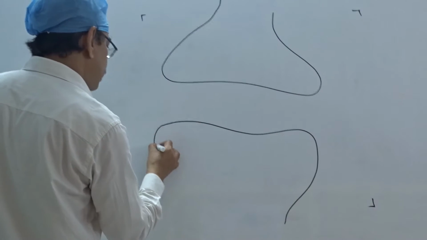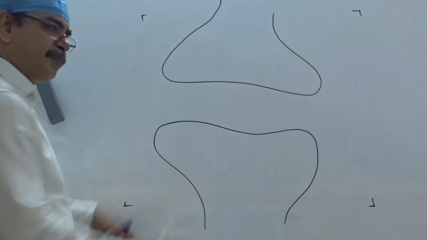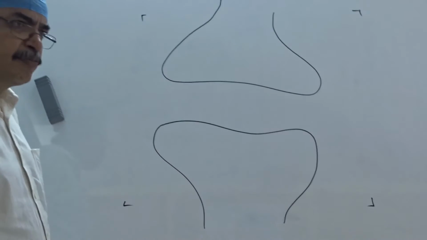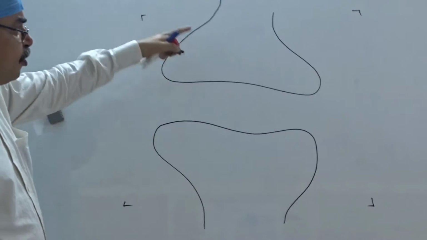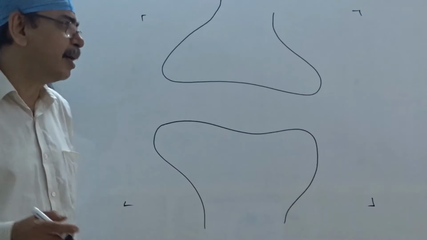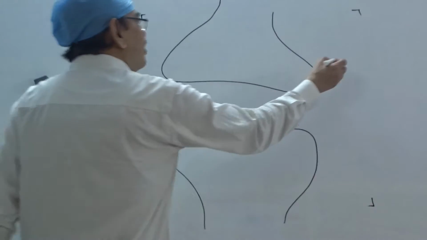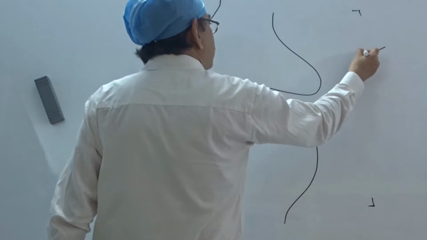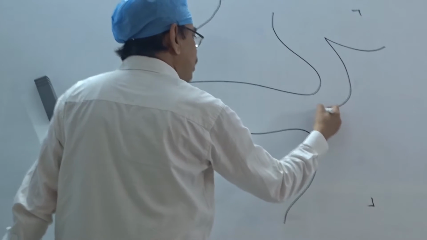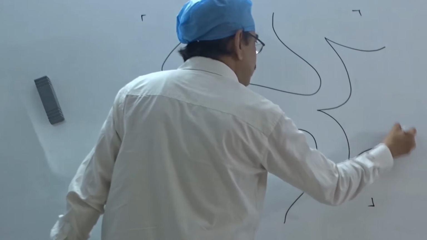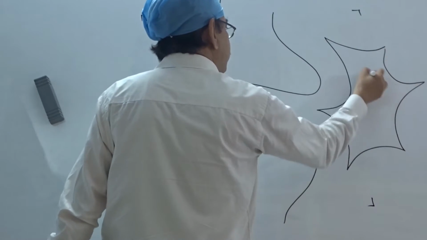This is the synapse. And near the synapse, to keep these two neurons together, there are some special type of cells we have discussed already. Those are astrocytes.